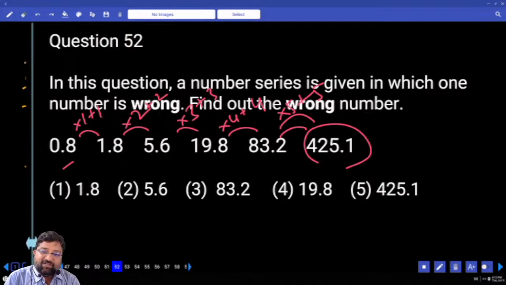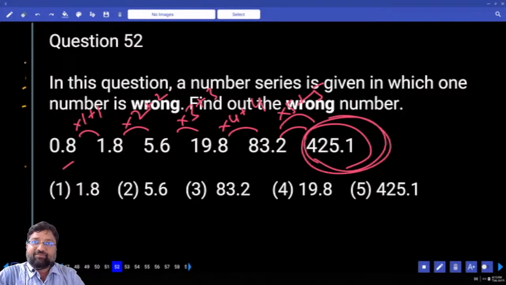First tell me what is 19 4s, 76. 0.8 into 4, 3.2, అంటే 76 plus 3.2 అంటే 79.2 plus 4, 83.2. Any problem? No problem. So which is your wrong number? 425.1 is my wrong number.